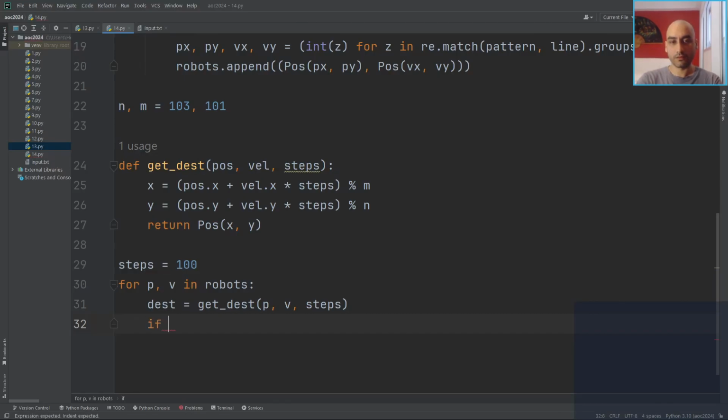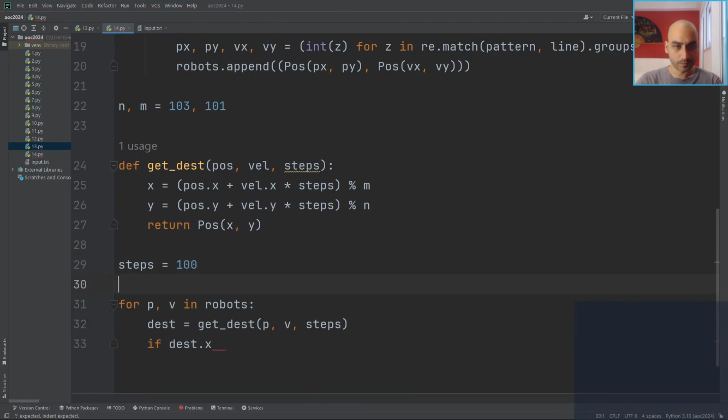Let's say top left, top right, bottom left, bottom right equals 0, 0, 0, 0.